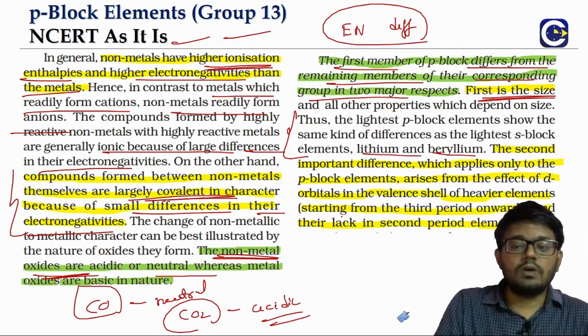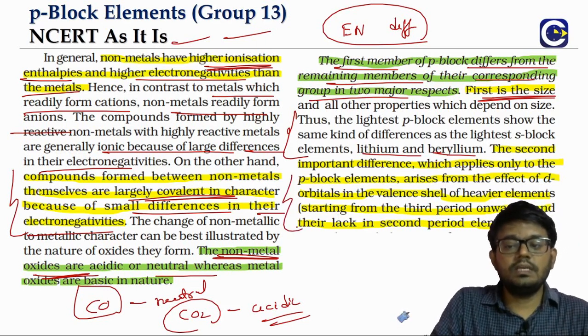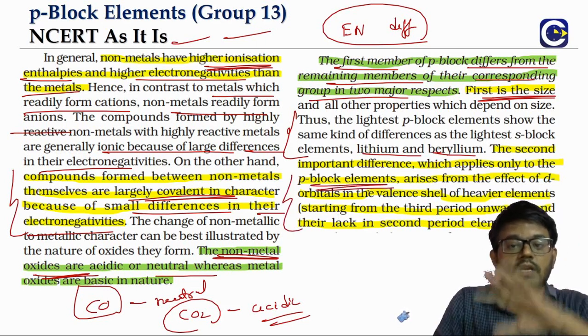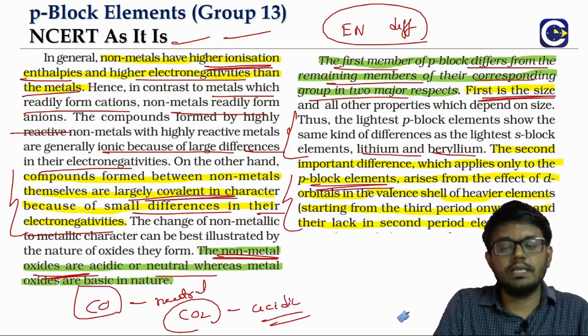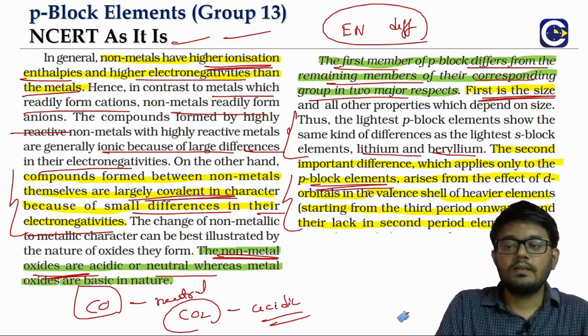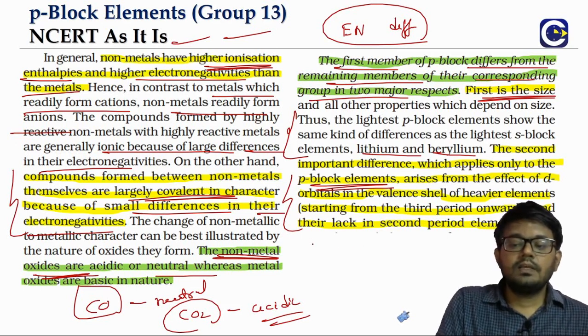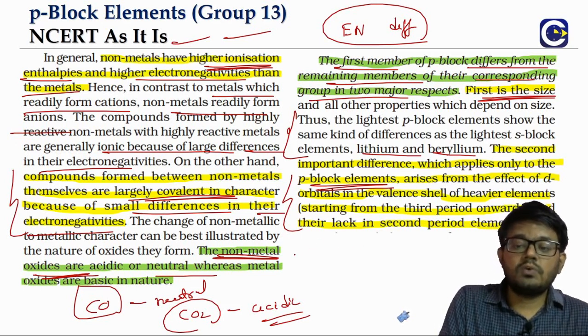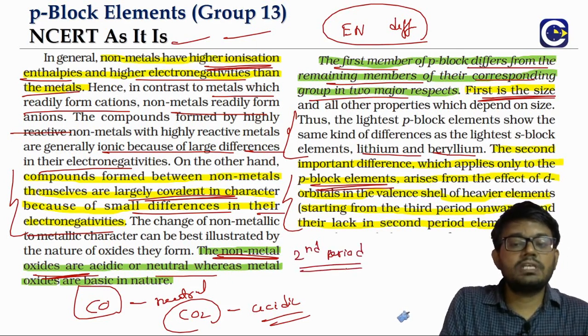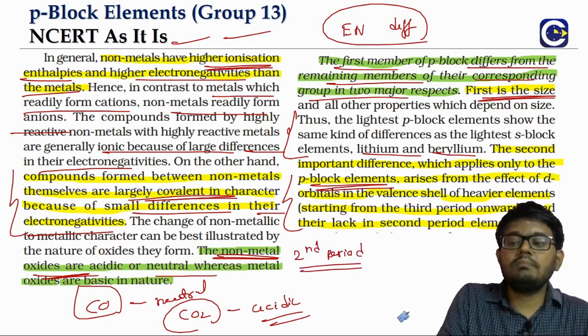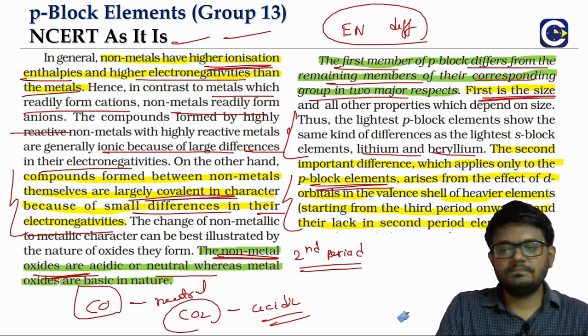Not only that, there is one more difference here. This is only applicable for the P block. This is not seen in the S block. That's why we are mentioning it importantly. The first elements of the groups will actually fall in the second period. Second period means the outermost shell is the second shell. So they will not be having d orbitals.